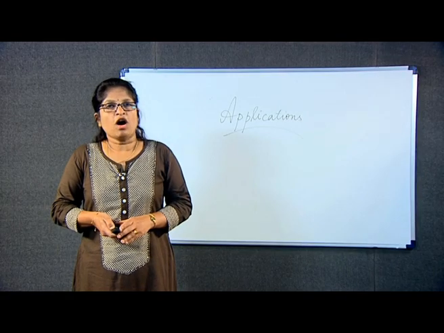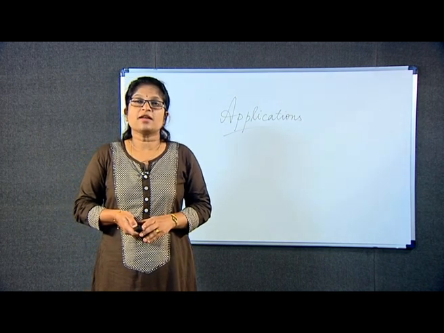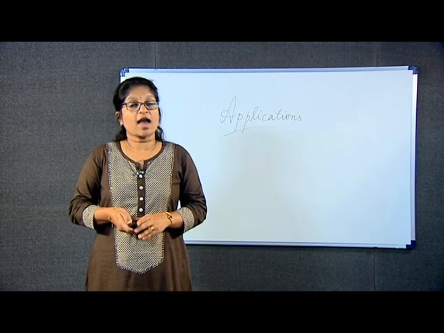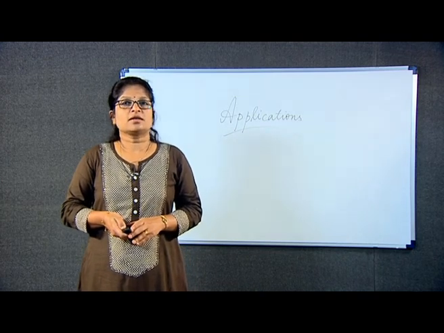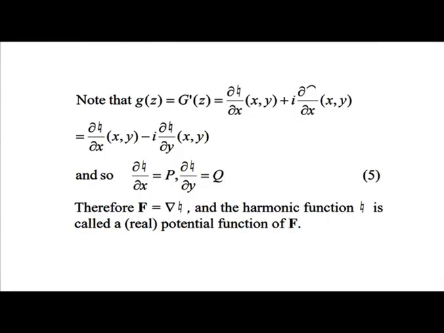So, in the beginning of the complex variables, in the introduction session, when I discussed the applications part, we mentioned this in that session. So, note that g dash z is del phi by del x of x, y plus i del psi by del x of x, y, which is equal to del phi by del x of x, y minus i into del phi by del y of x, y.